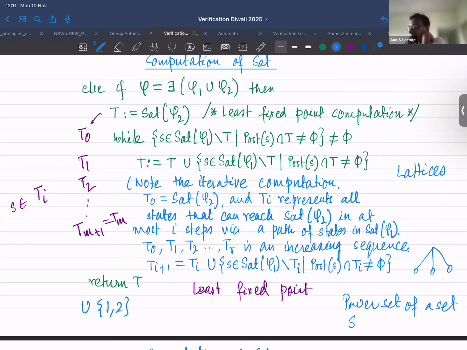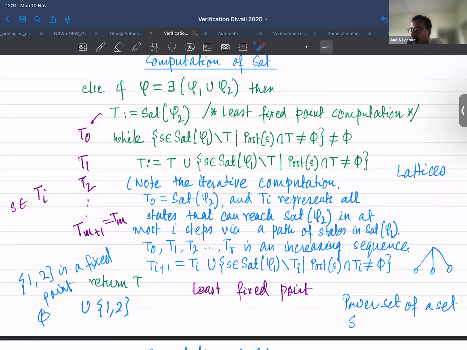Whenever there is such an operation, if you start with the null set, then when you do this operation, just the set {1, 2} is a fixed point, and it's a least fixed point. Is it clear?